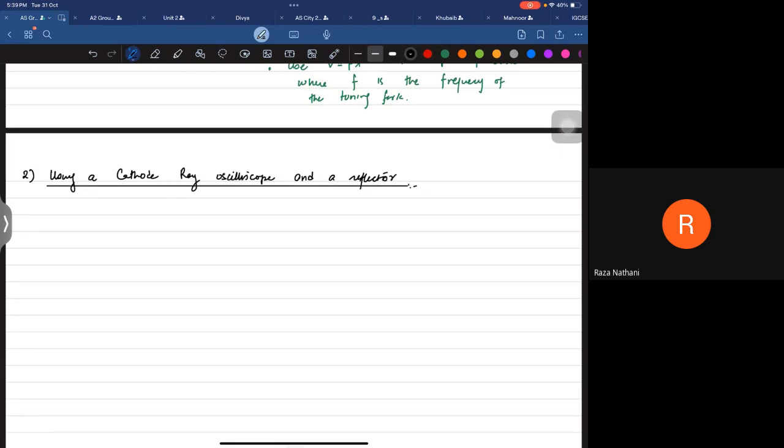So what you do first is you want to keep a reflecting surface. It could be a metal, it could be anything, it doesn't really matter. And then you have to put a signal generator.